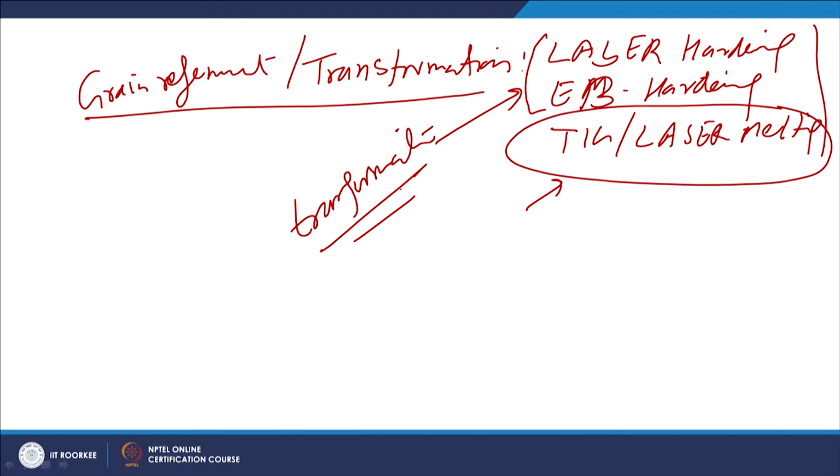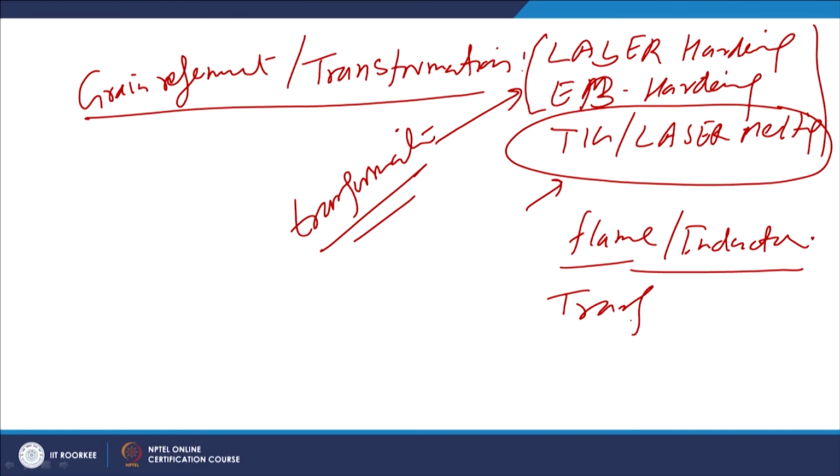Apart from these methods, flame hardening and induction hardening also use the principle of transformation hardening for improving the mechanical properties of the surfaces, and so the wear resistance of the material.